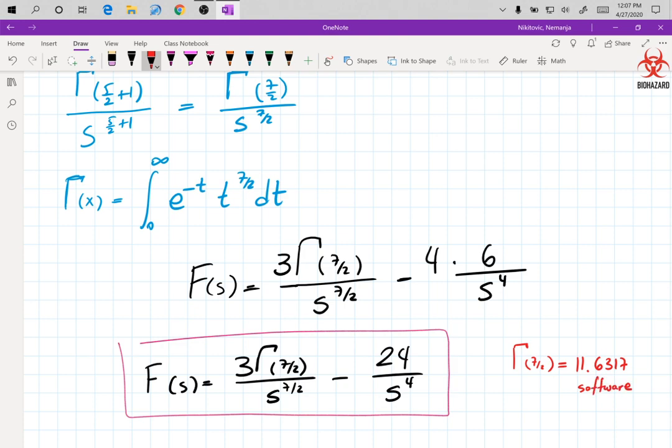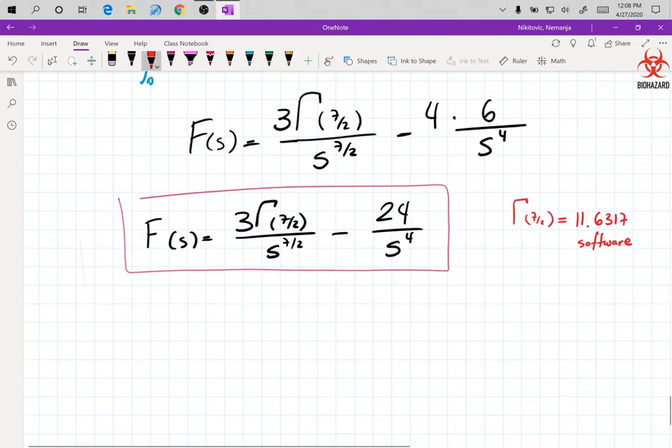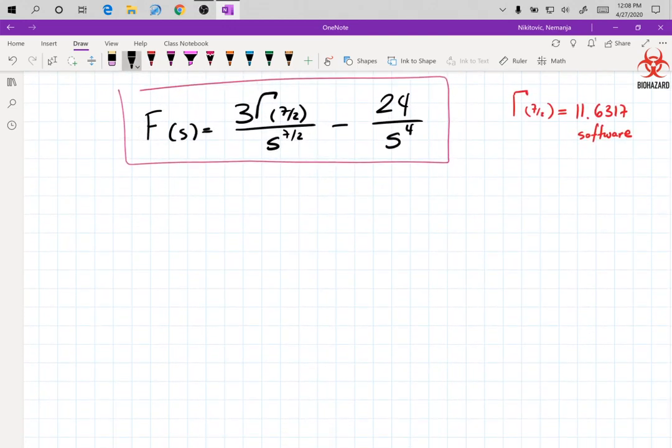Again, there are ways to compute these things in graduate school, but we're not going to spend time on computing that right now. You're just leaving it as the gamma function, which you can actually compute and just get a number. Now, you see that the domain now is what we call the frequency domain, so it's a completely different domain.